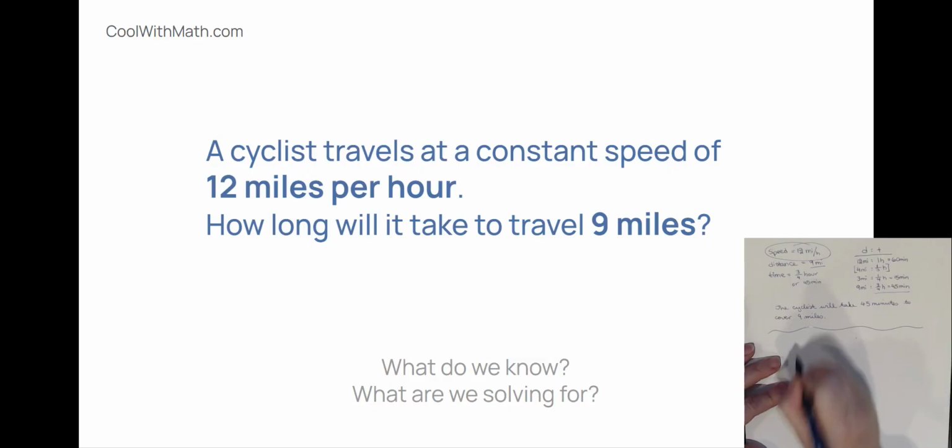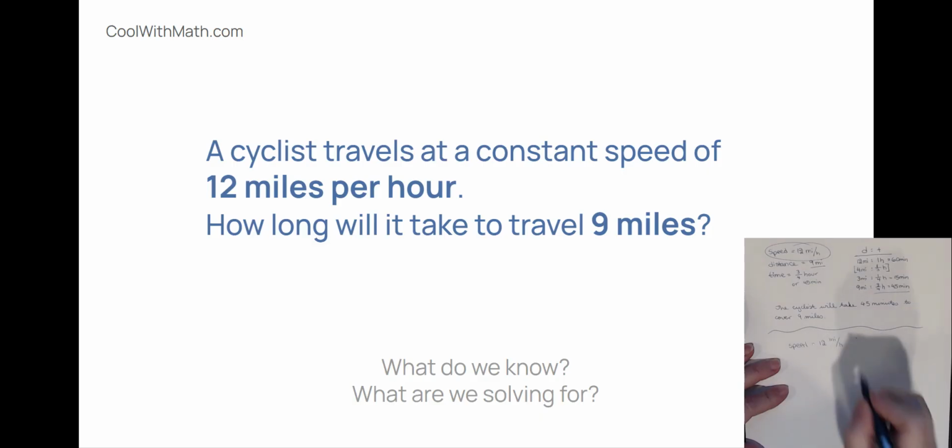Now, you might not remember the speed formula, but there's a neat trick for that too. The unit for speed in the problem above was given to us as 12 miles per hour. Now, if we ignore the number for a second and just look at the unit, miles is a distance unit.